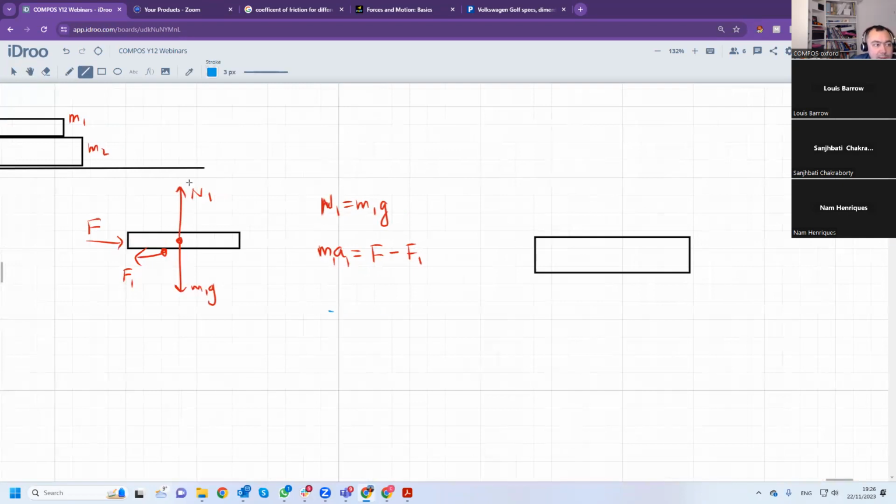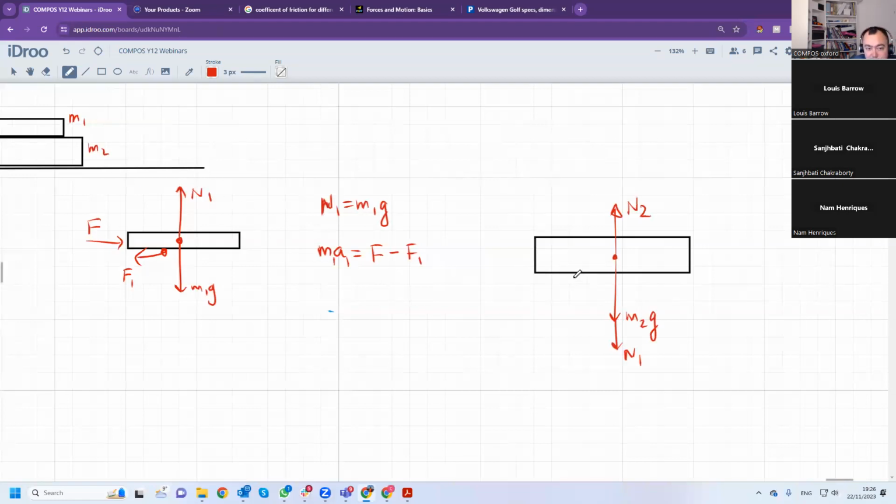For the second box, we have m2g, that's the weight pulling it down. There's a normal reaction force pushing it up, N2. And there's another force pushing it down, which is N1, because it's the top box pushing the bottom box down.